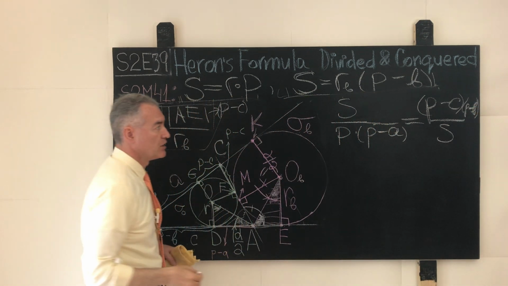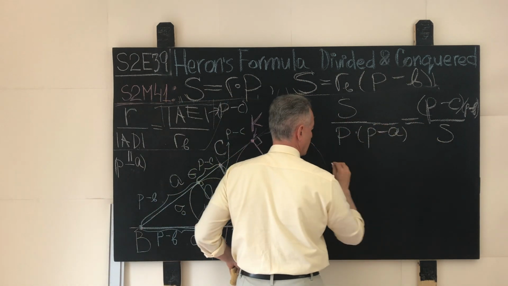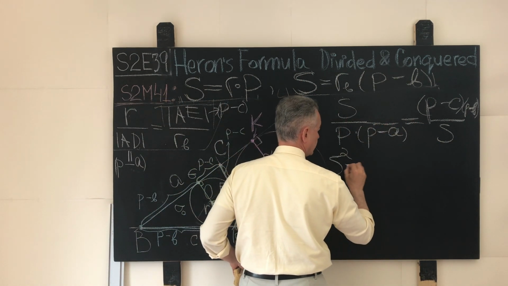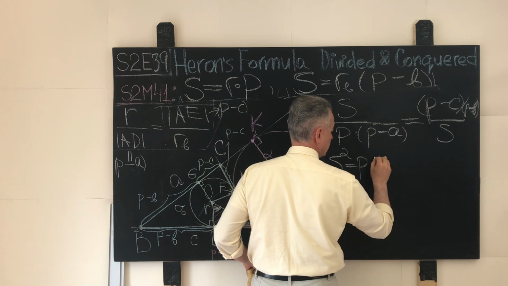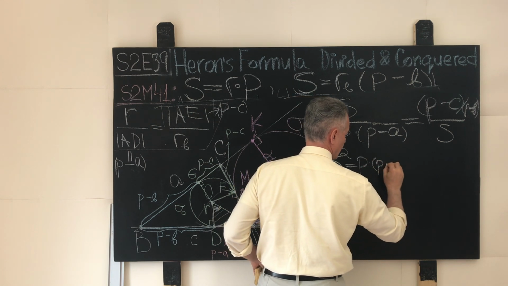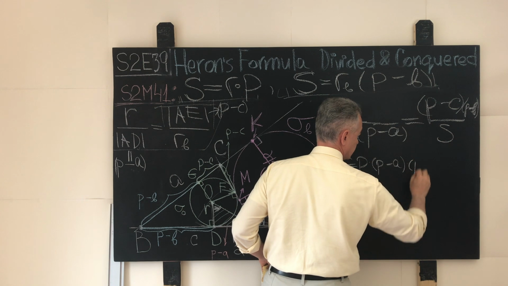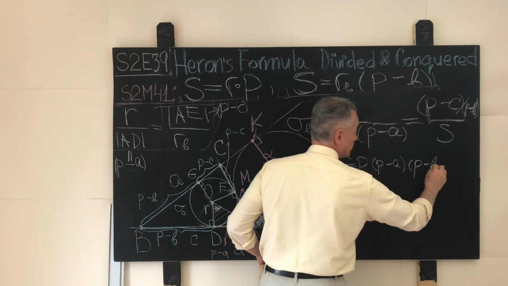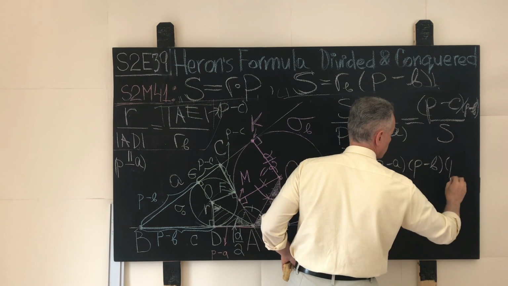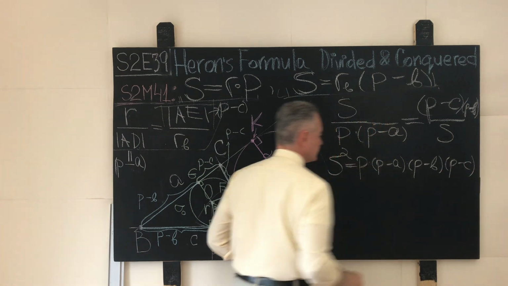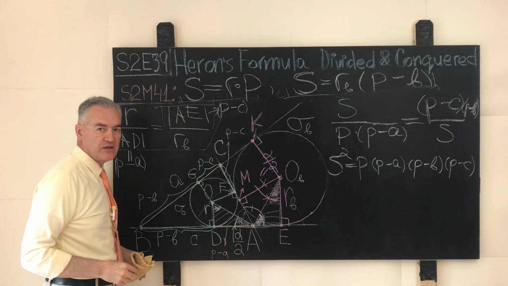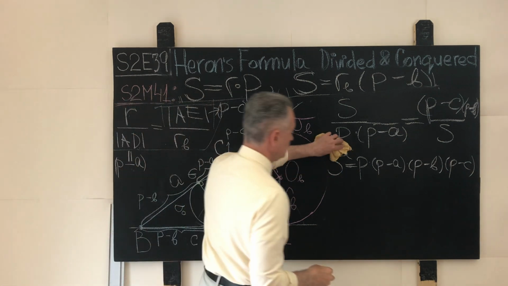Game over. Cross multiply. What do we have? S squared is equal to P times, let's say, in the same order, (P minus a) times (P minus b) times (P minus c). And there we have it.